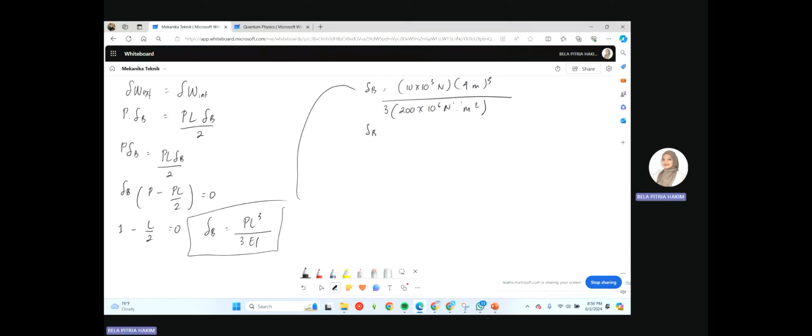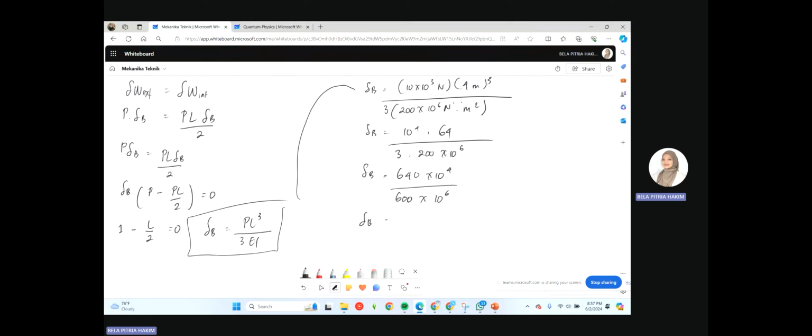So for delta B, 10 times 4 cubed, which is 64, gives 640 times 10 to the power 4, over 3 times 200 times 10 to the power 6, which is 600 times 10 to the power 6.